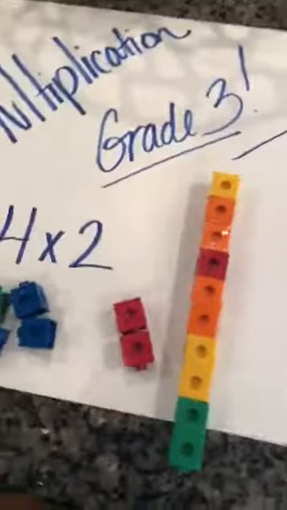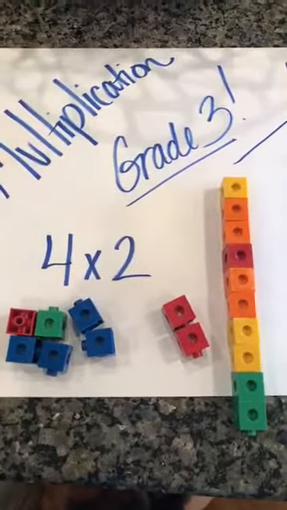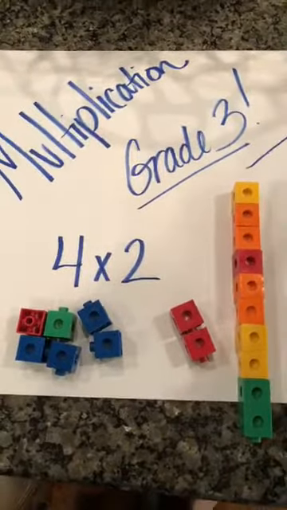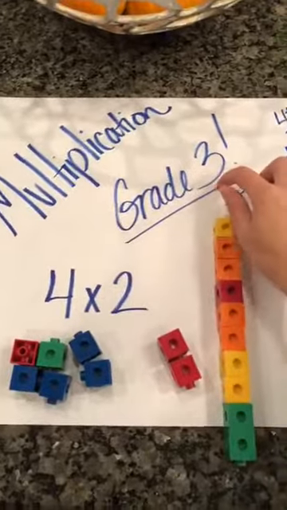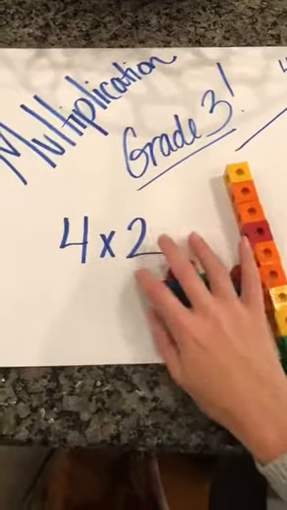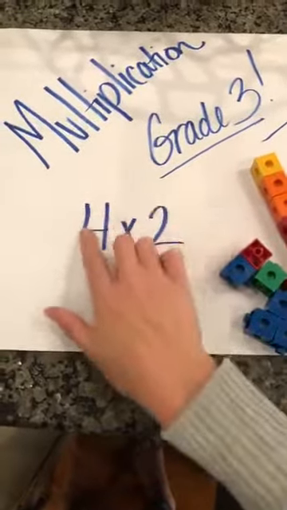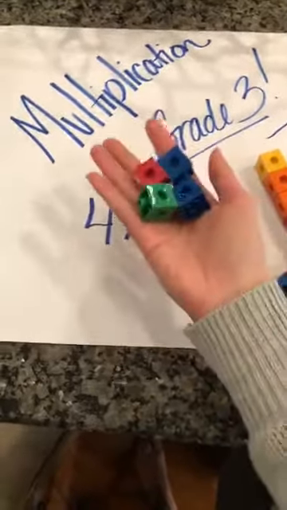Let me turn you guys around. Obviously I'm not super high tech here, so I apologize that you aren't going to get the best video, but we are going to dive into multiplication and look at grade 3 first. The one thing we want to keep in mind with developing that understanding of multiplication in grade 3 is that students need to build this.